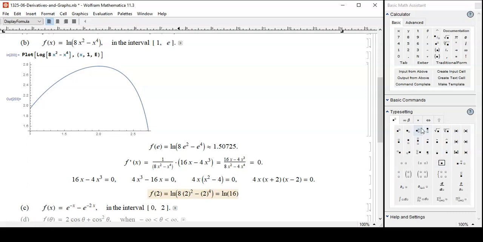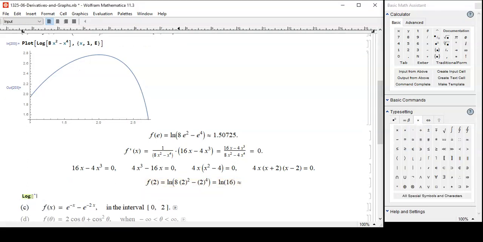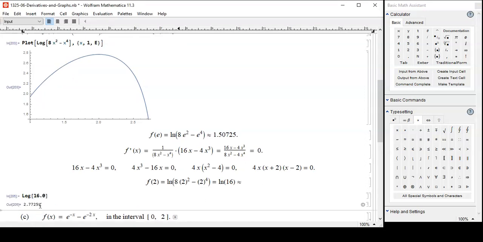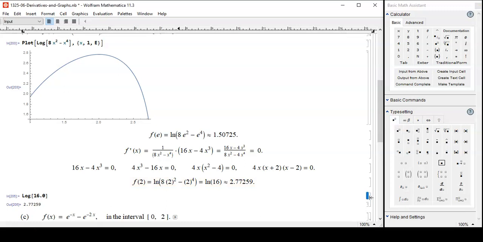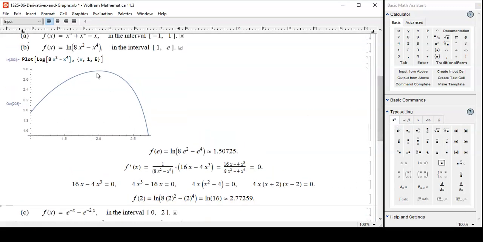Which is, what is log of 16? Approximately 2.77 something. That's got to be the local maximum, or the absolute maximum. Let's see. Here I have 2.8, so 2.77 something, that sounds about right. That's how you do it.